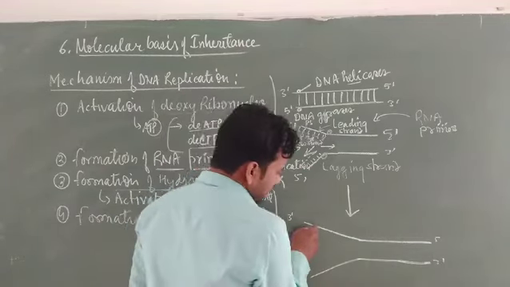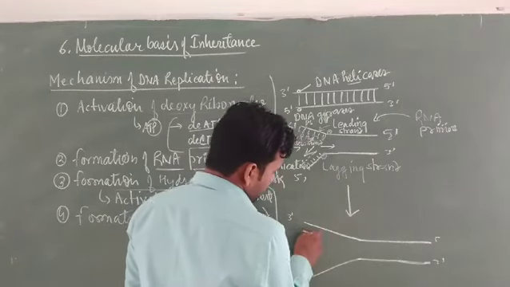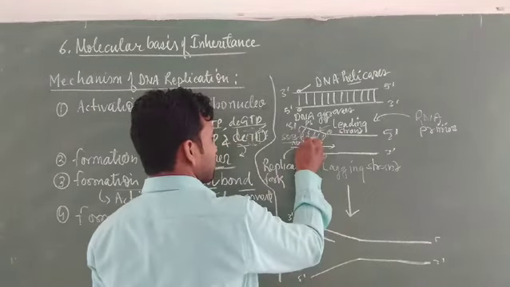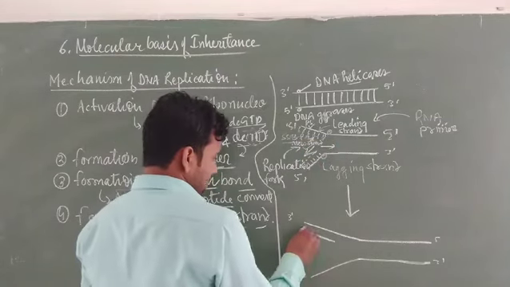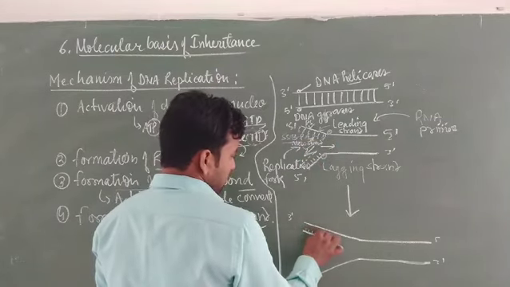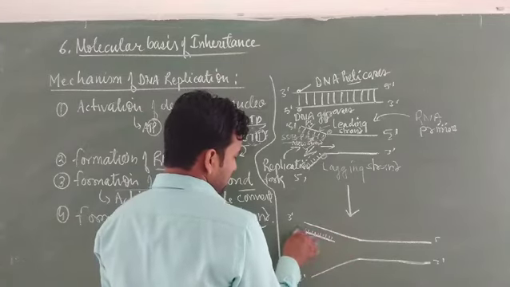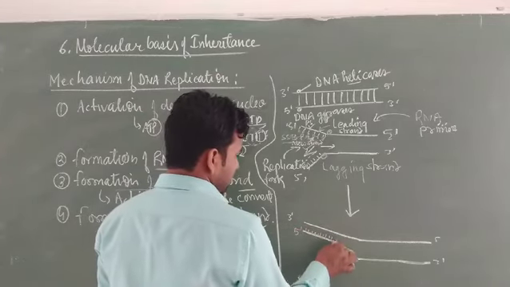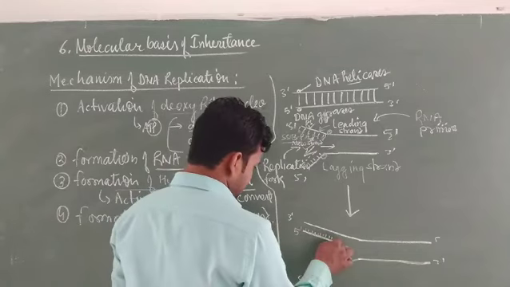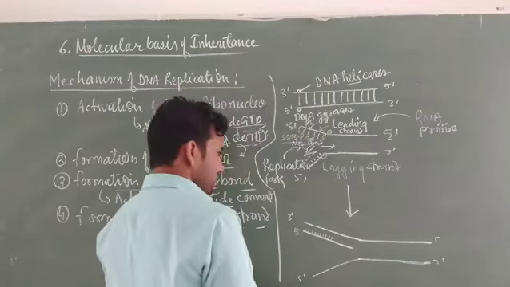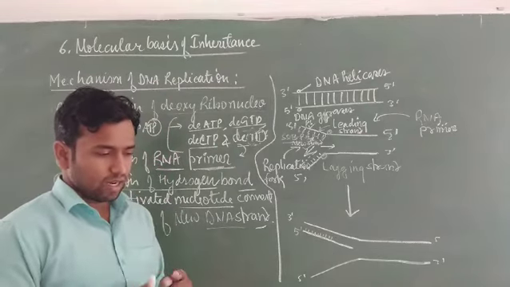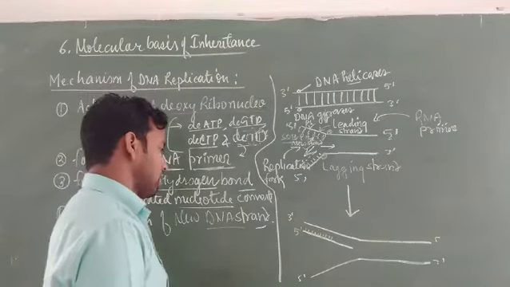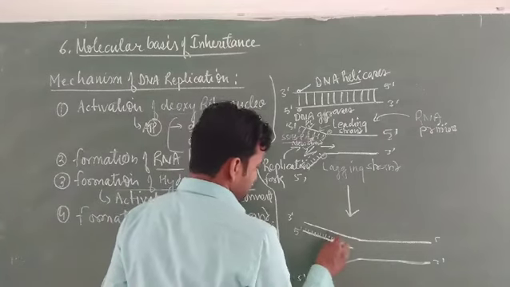Here activated nucleotides come and remove the primers. These are the primers. Now the activated nucleotides come in the direction of 5' to 3', and after the monophosphate, the second and third phosphates are released and removed from these sites.